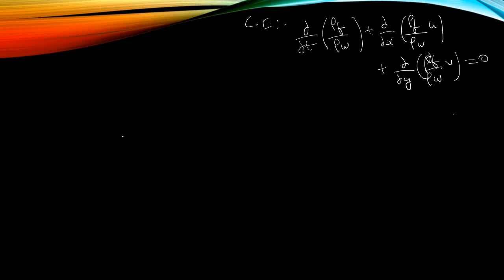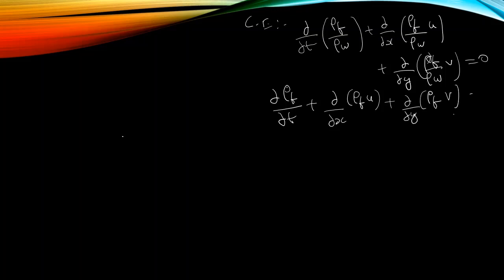So finally your continuity equation becomes ∂rho f/∂t, plus ∂/∂x of rho f u, plus ∂/∂y of rho f v is equal to 0, right?